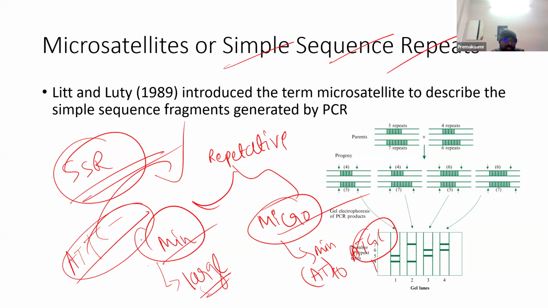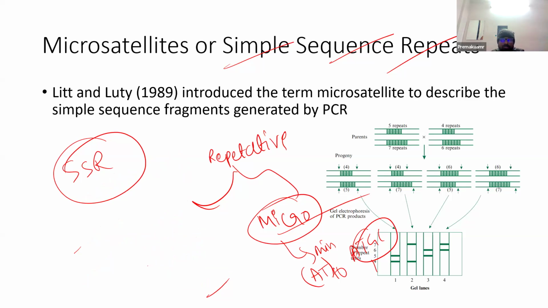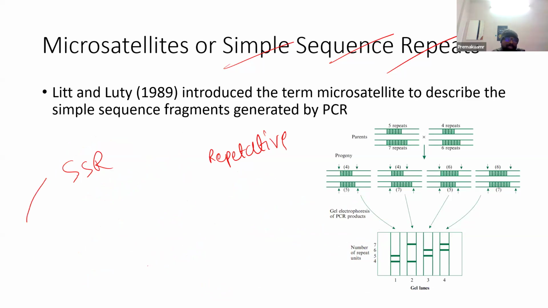The sequence is repeated in minisatellites mainly near the centromeric and telomeric regions. But microsatellites are distributed throughout the genome. And I already discussed how much repeated DNA maize has and how much rice has. You have to know all those things.